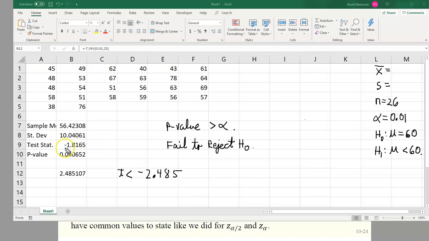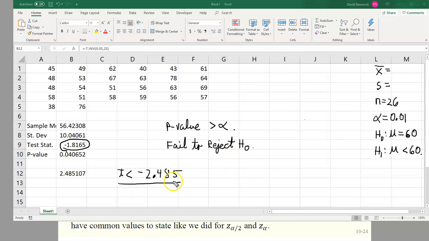And so we see, since our test statistic right here does not satisfy this inequality, we would fail to reject H0. If our test statistic had satisfied this, then it would have fallen in the critical region and we would have rejected H0. But this number does not satisfy this inequality, so we fail to reject H0.